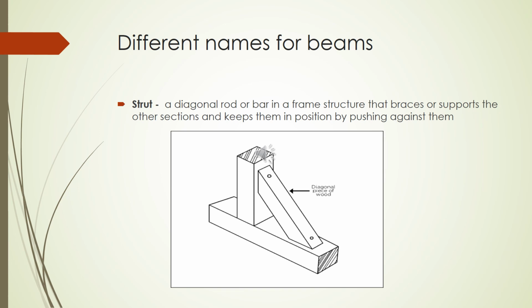For example, if you go to your yard and look at how they balance the washing line, most washing lines are balanced with a strut to make the structure stable.